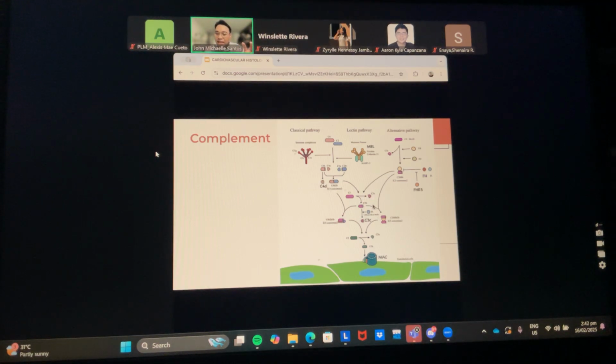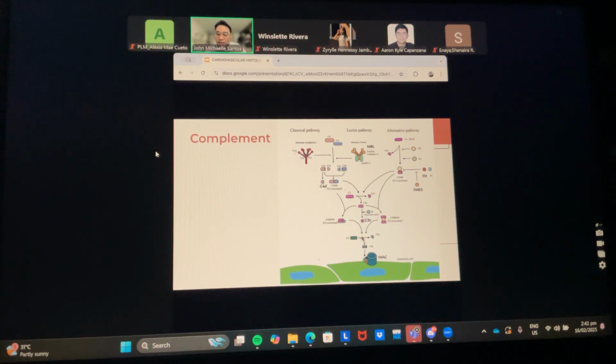Again, si C3a, since meron siyang A, isa siyang anaphylotoxin. Magre-recruit ulit yan ng mga other substances para sa inflammation. Again, si C3b ngayon, magma-merge siya with your C4b2b, and then si C4b2b3b, ito na ngayon yung tinatawag nating C5 convertase.